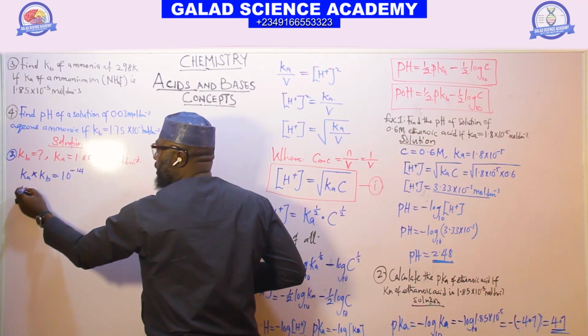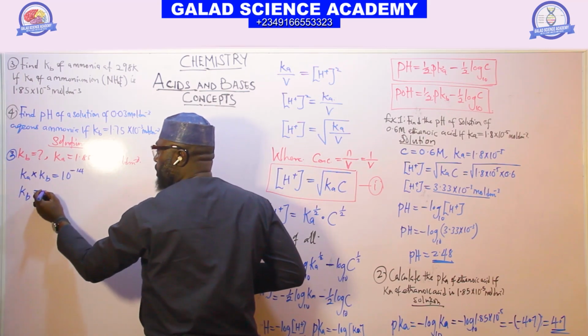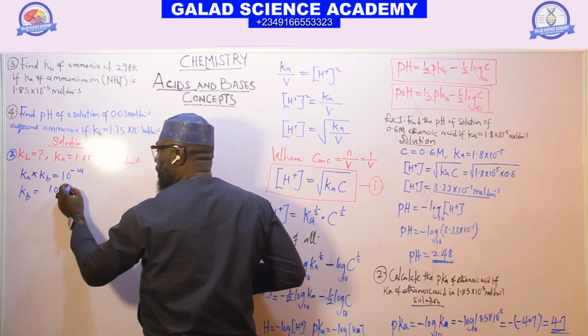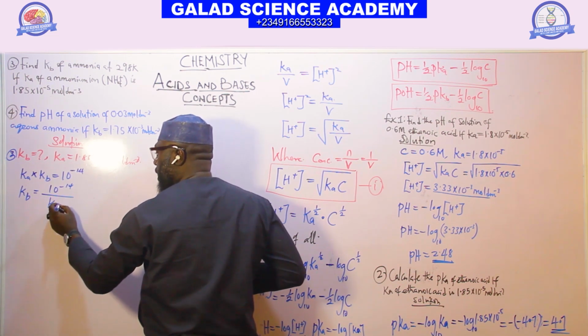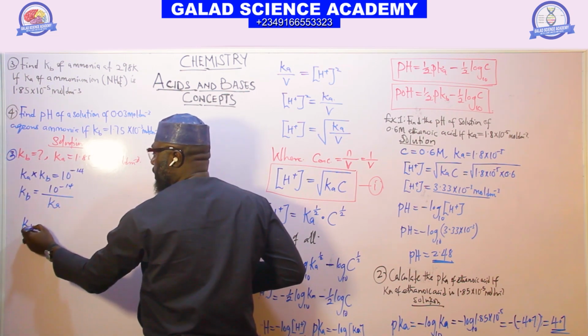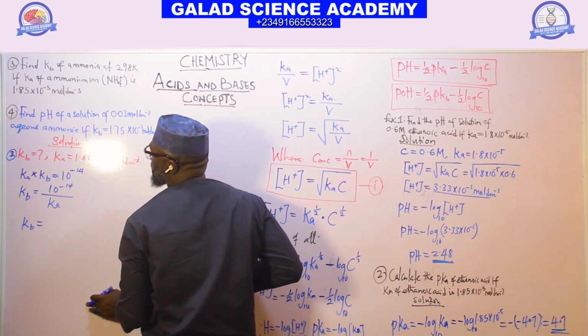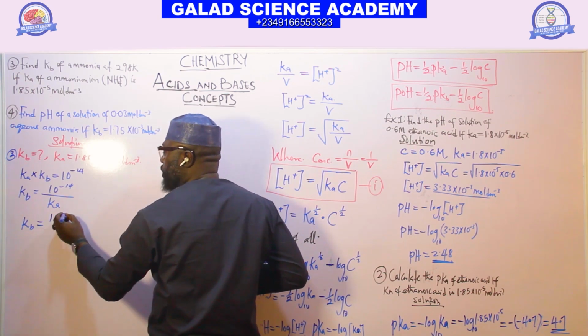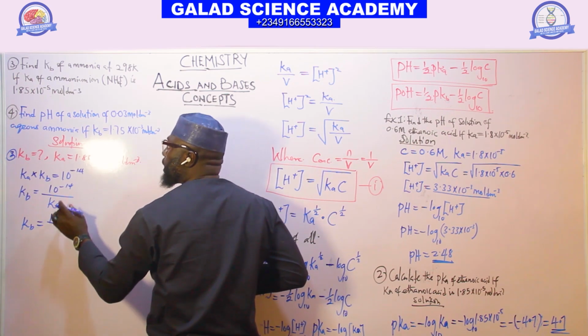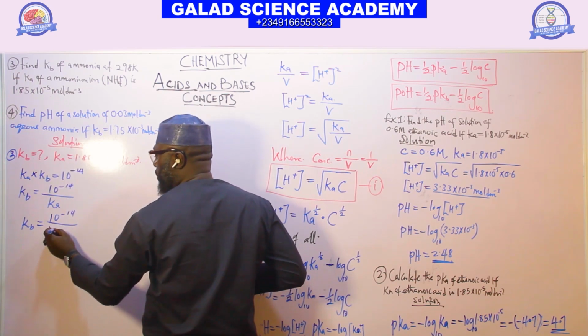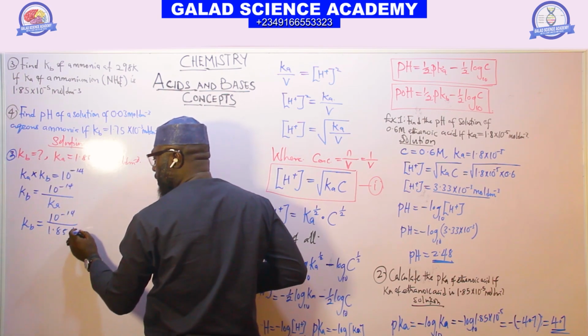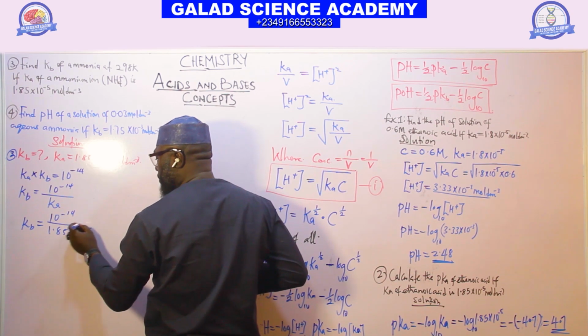So the Kb here will be 10 raised to the power minus 14 over Ka. Ka we are given as 1.85 times 10 raised to the power minus 5.